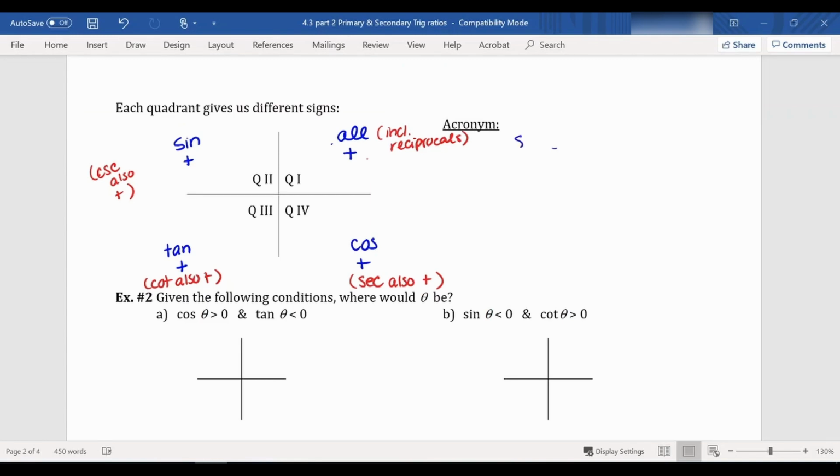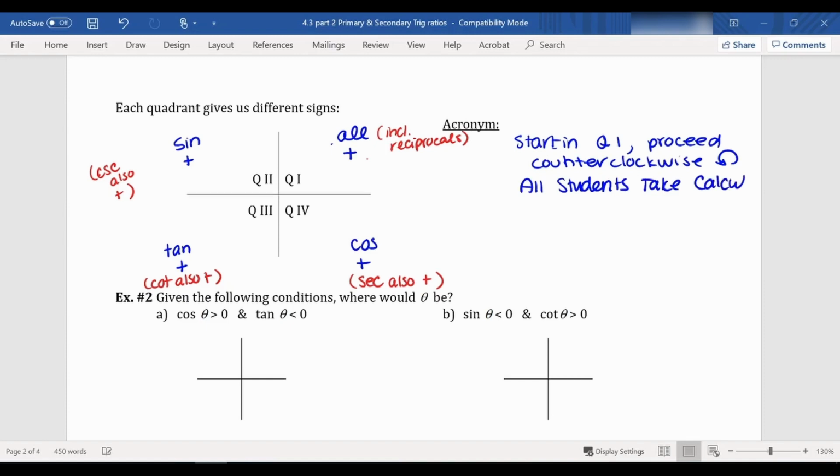The first one is if we start in Q1 and proceed counterclockwise, so around this direction, our acronym is all students take calculus.